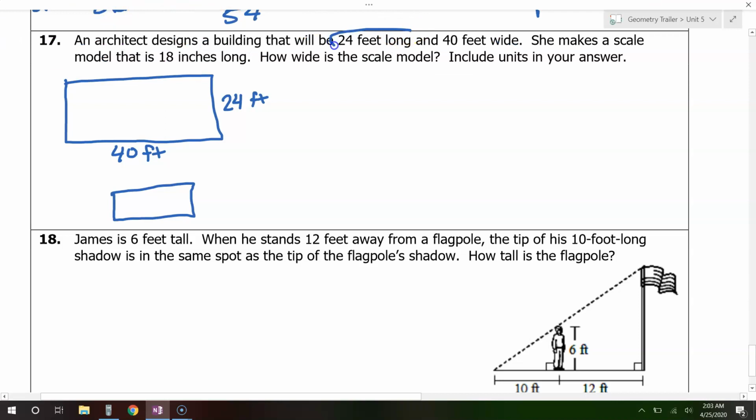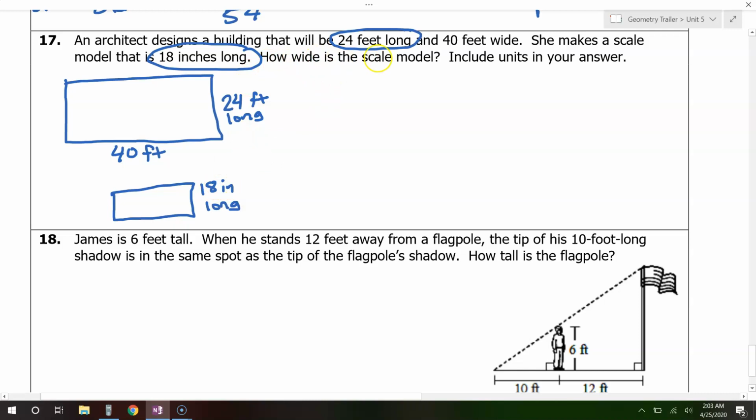They said 24 feet long, so this is the 24 feet long right there. And now we have 18 inches long, so that's going to be this same corresponding side. So I've got 24 feet, and right here I've got 18 inches long. Those are corresponding.